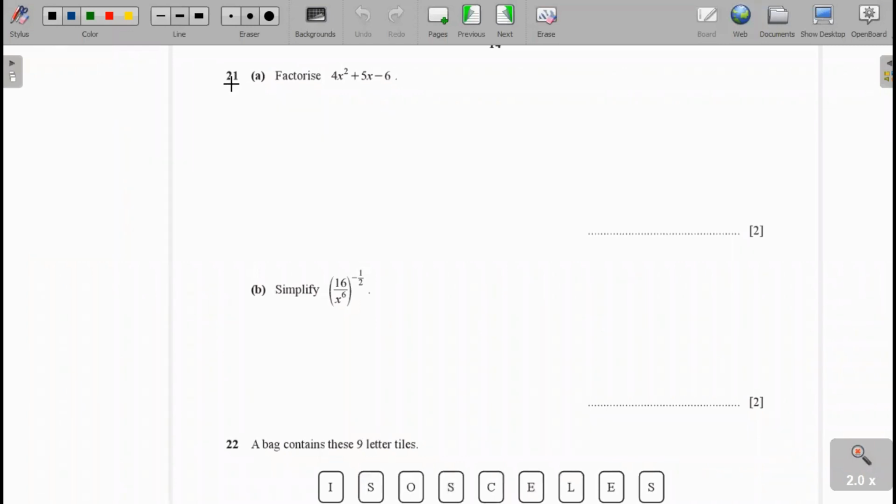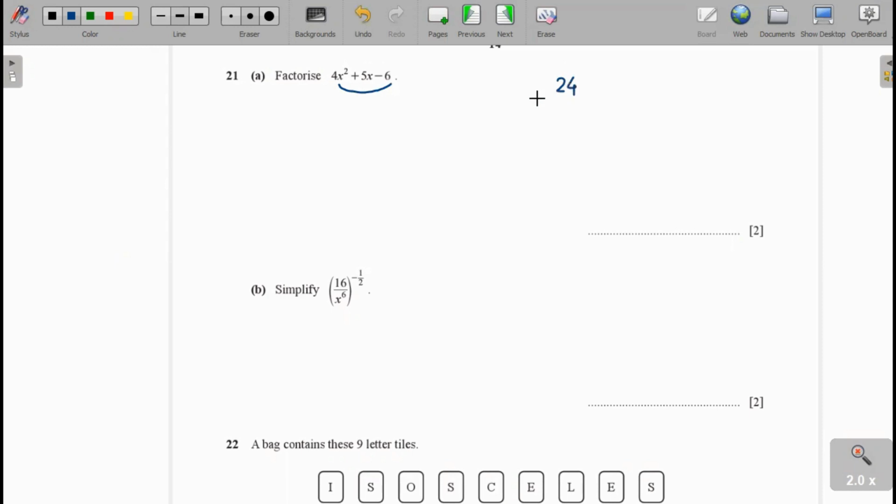Question 21, Part A, factorize 4x squared plus 5x minus 6. Now, we can factorize this three-term expression by using the midterm breaking rule. In this midterm breaking, we multiply 4 times 6, we get 24.